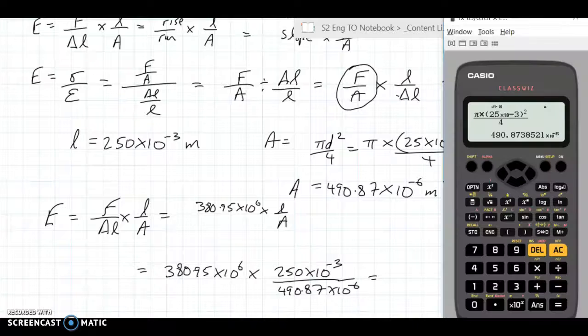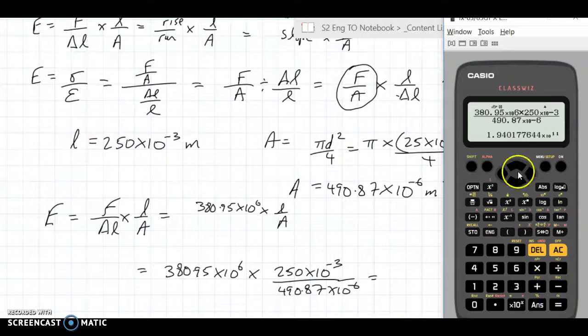And we'll bang them into the calculator. So fraction key there, 380.95 by 10 to the 6 multiplied by 250 by 10 to the minus 3, and all divided by 490.87 by 10 to the minus 6.